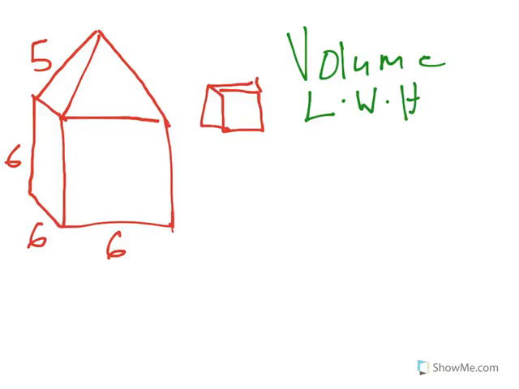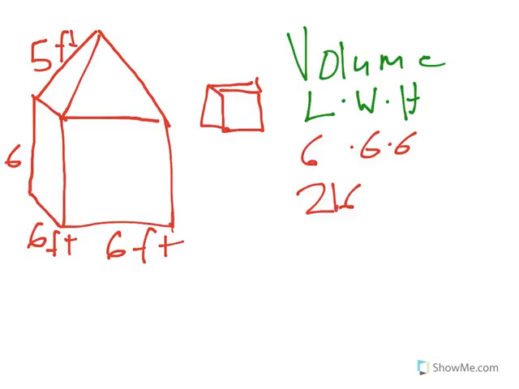It's pretty easy with the cube because they're all the same value. So it's 6 times 6 times 6, and that equals 216. We're going to have all these units in feet because it's just an easy way to have them. And so this would be 216 feet cubed.